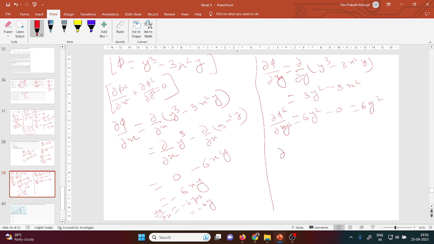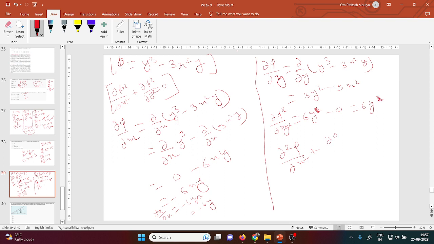We are differentiating with respect to y, yes. So it should be 6y, only 6y, not square.